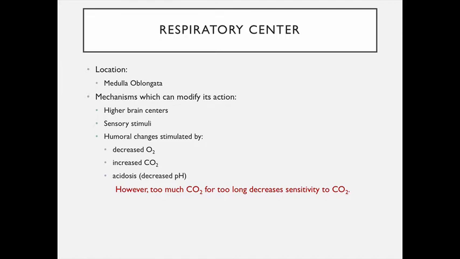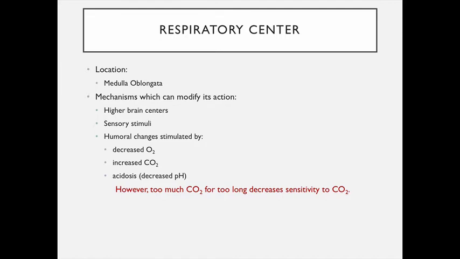One thing that's really important to understand in the context of respiratory disease is that many of our respiratory diseases that fall in the category of the obstructive pulmonary diseases, and what I'm thinking about primarily here is chronic bronchitis and emphysema, those disease processes cause carbon dioxide levels to increase in the blood. I'll talk a little more about that later.